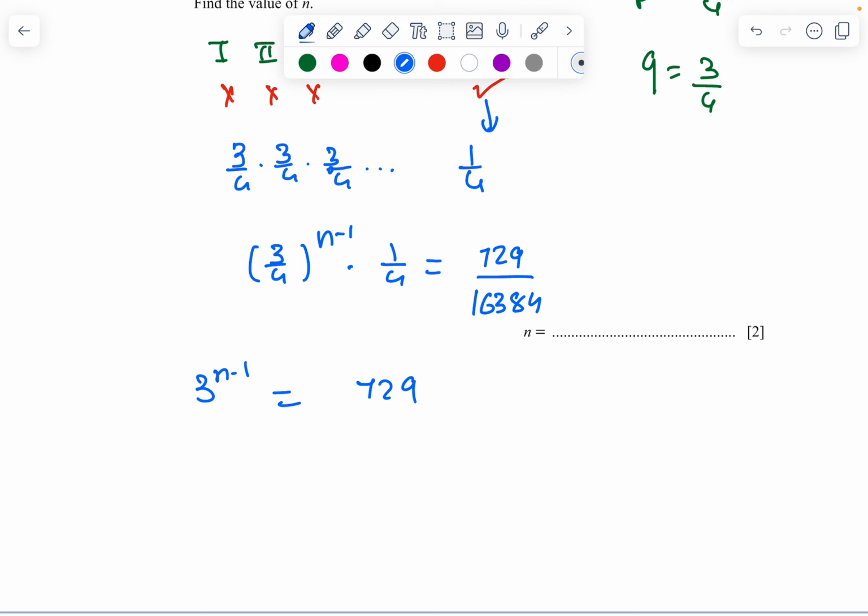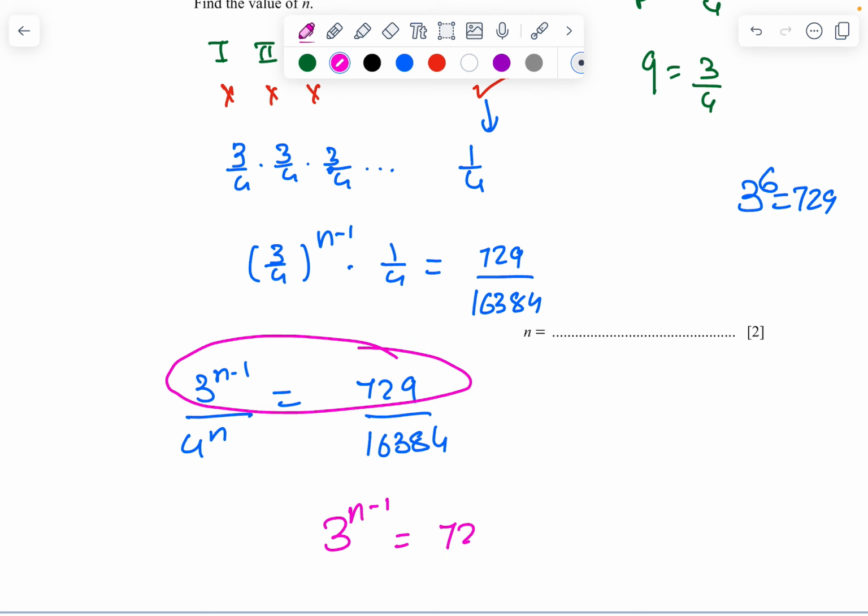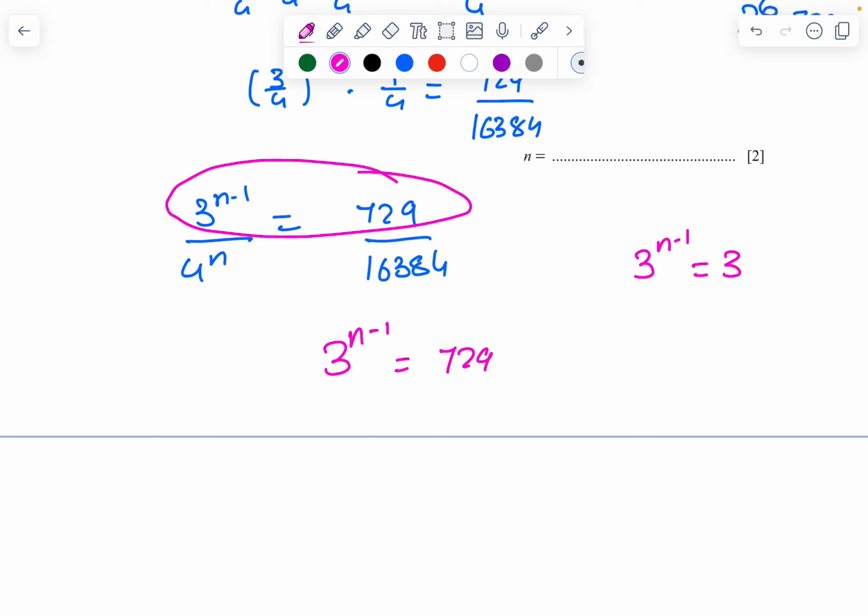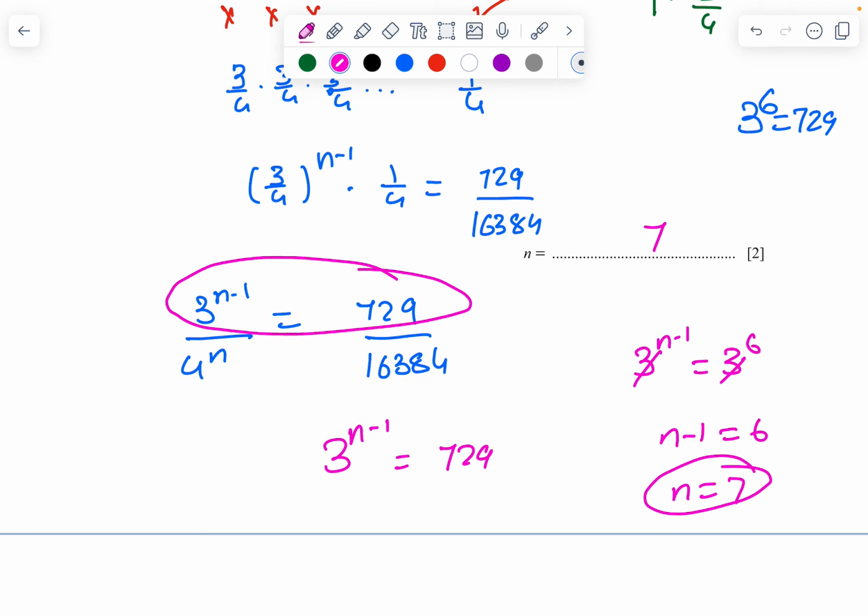Now, what is n? We could try 3 to the power of 8 or 3 to the power of 7, or use the calculator. Another easy way: I try 3 to the power of 6, and I can see that 3 to the power of 6 is 729. So 3 to the power of n minus 1 equals 3 to the power of 6, so n minus 1 equals 6, and n equals 7. So 7 times. That's going to be the answer.